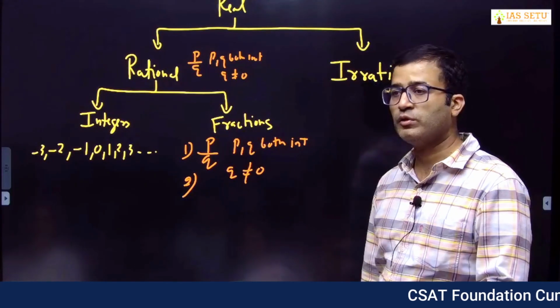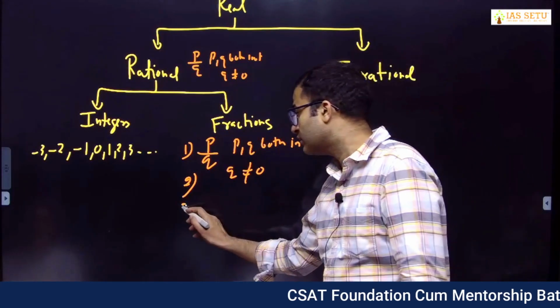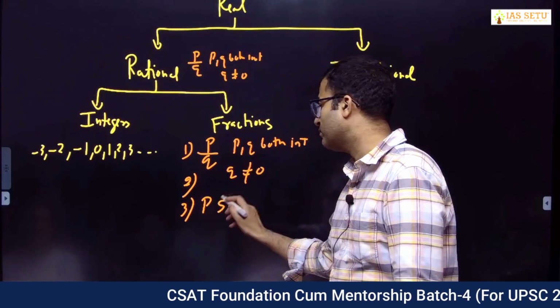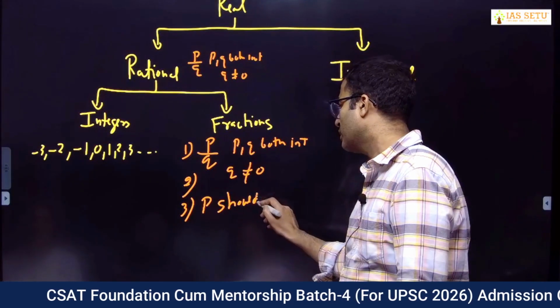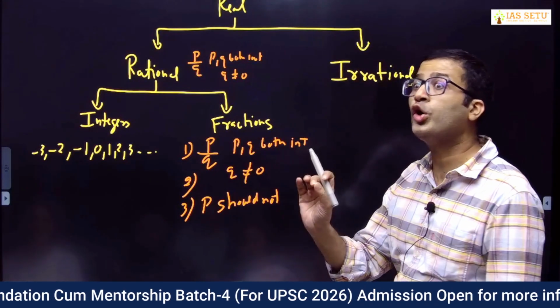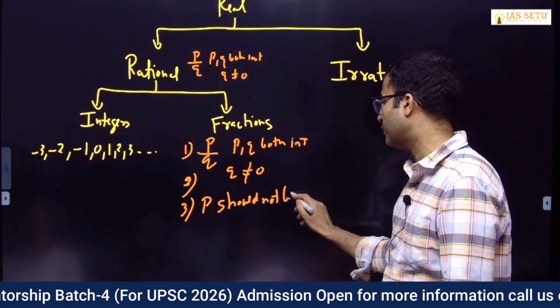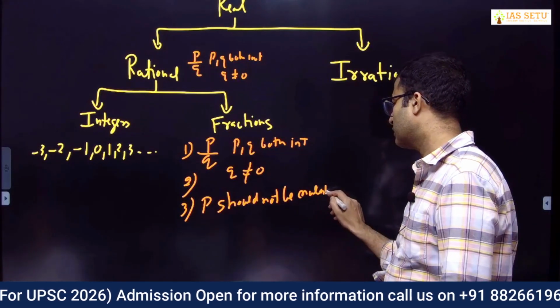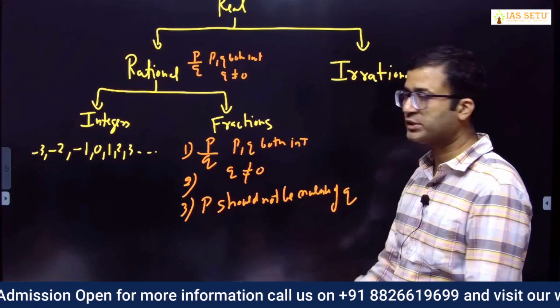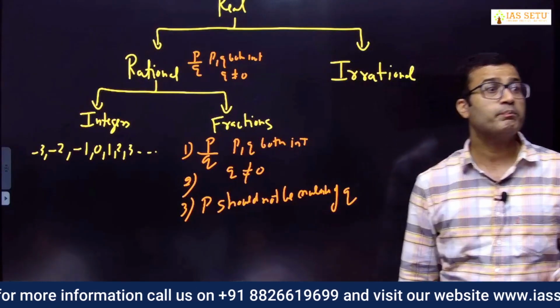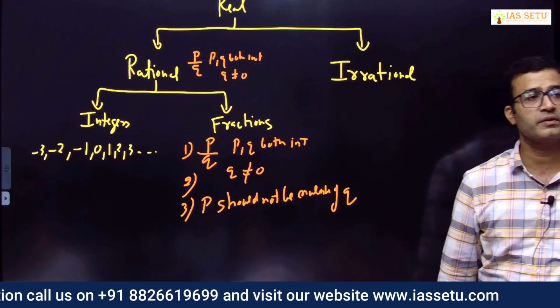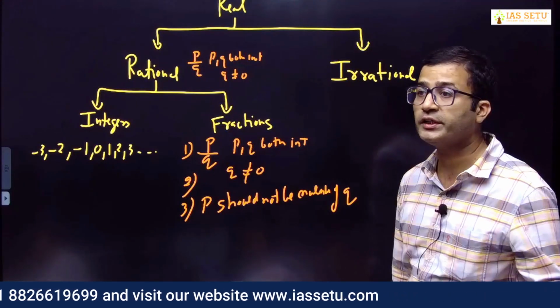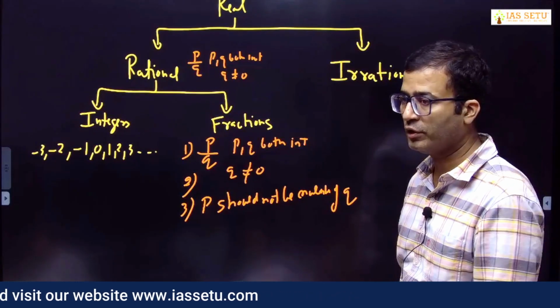But there is one more condition we have in fraction, that P should not be a multiple of Q. Numerator should not be a multiple of denominator. I will explain this point.